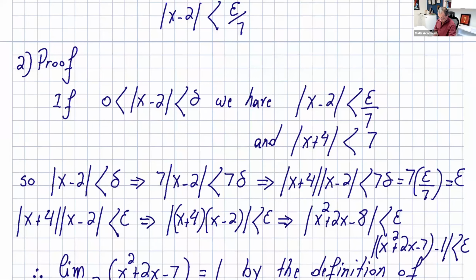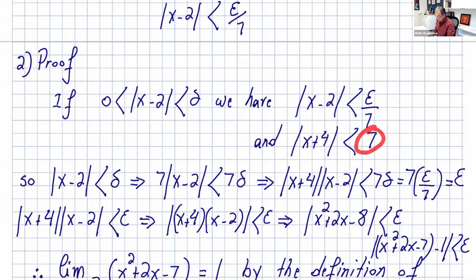So we can start by this. We know that the absolute value of x minus 2 is less than delta. If we multiply both sides by 7, 7 times the absolute value of x minus 2 will be less than 7 delta. But what did we pick for the absolute value of x plus 4? That was less than 7.